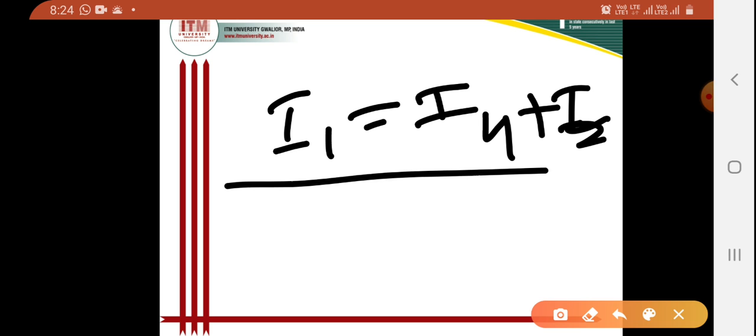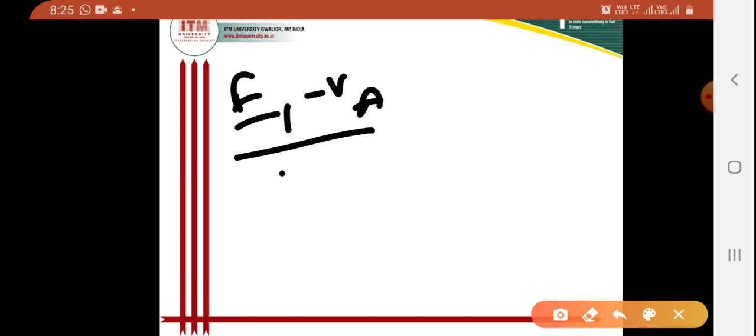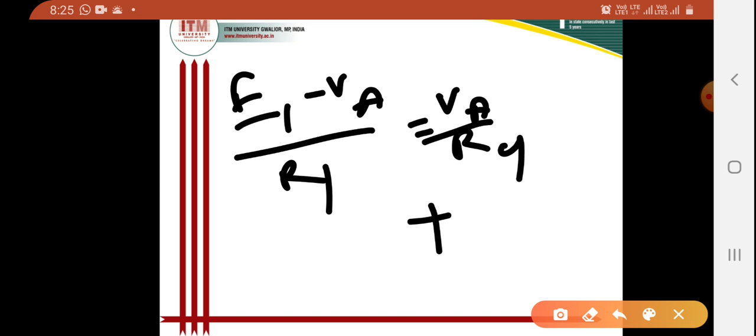So when I substitute the values of the currents in this equation, I can write E1 minus VA by R1 is equal to, for current I4, VA by R4, plus, for current I2, VA minus VB by R2.